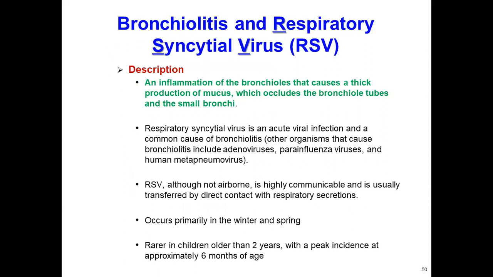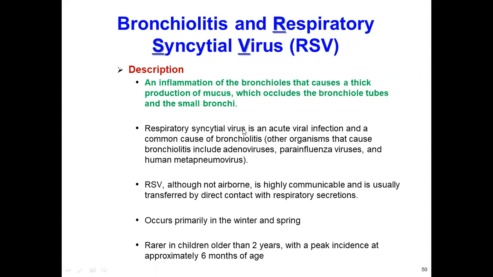Now here we're going to bronchiolitis and respiratory syncytial virus. It is an inflammation of bronchioles that causes a thick production of mucus, which occludes the bronchioles and narrows the lumen of the small bronchi.